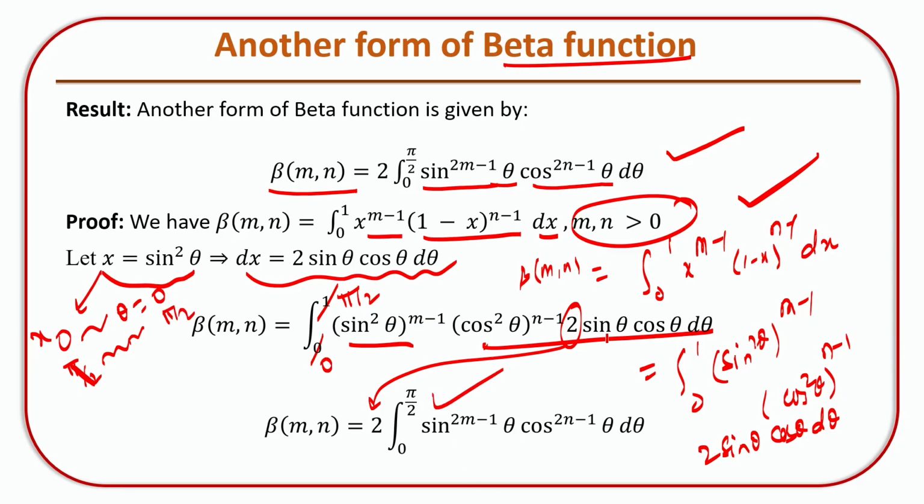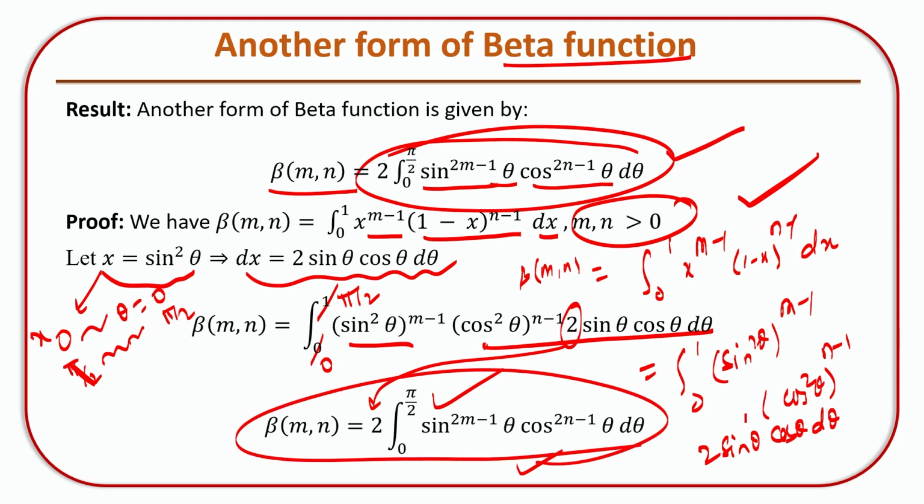So that's how we have to evaluate this. So this form is equivalent to the previous form, right. So the beta function can be written in trigonometric form, sin to the power 2m minus 1 theta cos to the power 2n minus 1 theta d theta and so on.